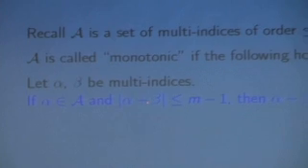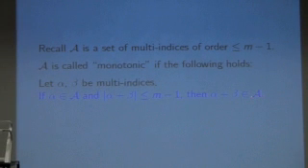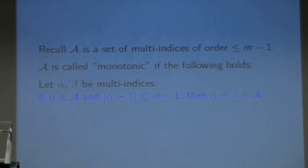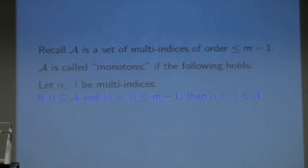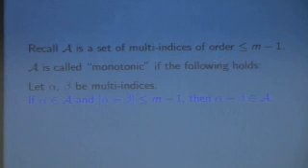So remember, script A is a set of multi-indices of order at most little m minus 1. So I'm going to call this monotonic if this condition holds. So suppose that I have alpha in script A, and then I add another multi-index to it. I want that sum to belong to script A. Well, of course, that's utterly ridiculous unless the sum is of order at most m minus 1, because script A is a set of multi-indices of order less than or equal to m minus 1.